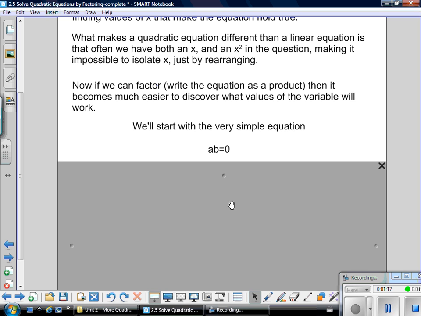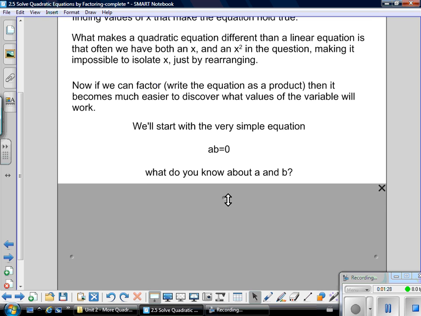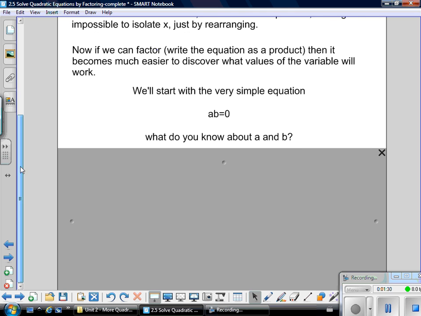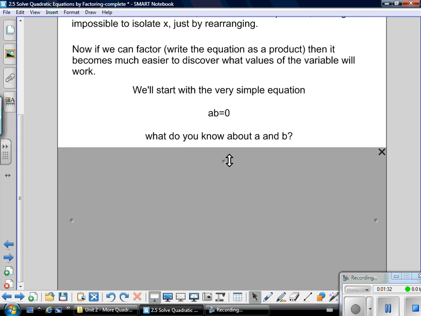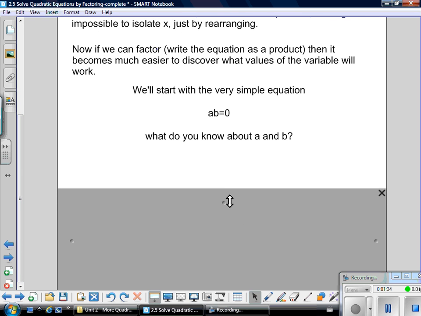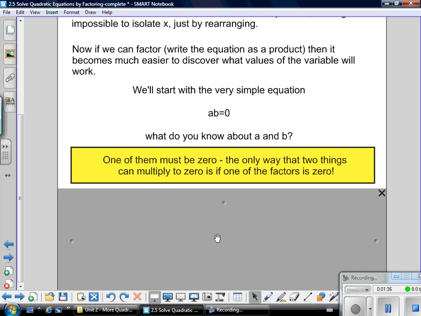It could be 3 times 4, it could be x minus 2 times x plus 4, but a times b equals 0. Mathematically, what do we know about a and b? Well, we actually know stuff about them already, even though we don't know what numbers they stand for. One of them must be 0. The only way that two things can multiply to 0 is if one of the factors is 0.